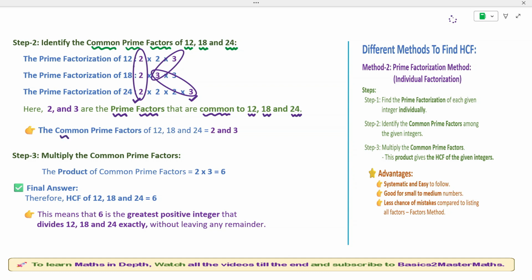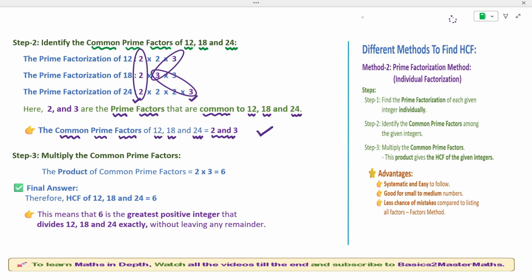So, the common prime factors of 12, 18 and 24 are 2 and 3. Got it?